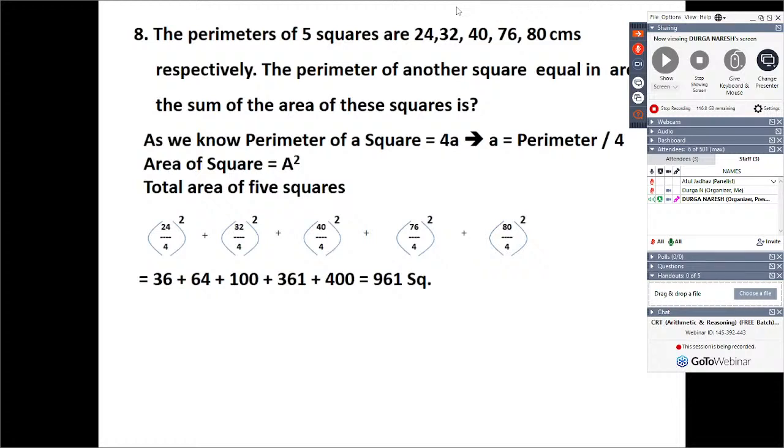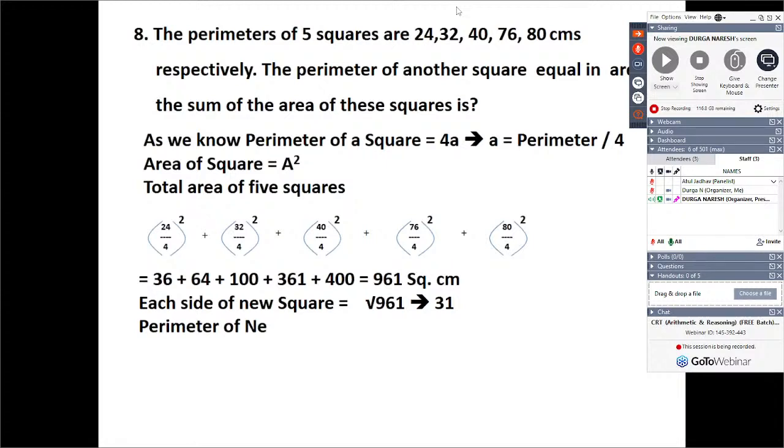So 961 is the area of these 5 squares, which is equal to the area of the other one. For any square the area is A square, so A square is 961, A is equal to 31. If 31 is the side of the sixth square, the perimeter is 31 into 4, that is 124.